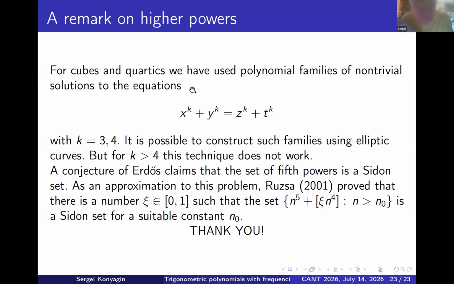By the way, if I have some time, I did not write it in the presentation, but there is a problem. Instead of powers of n, we can consider logarithms of n.